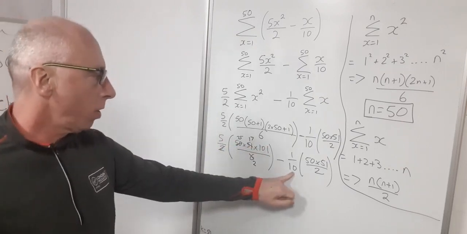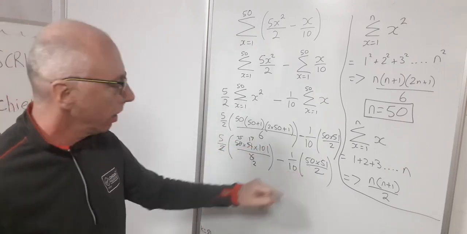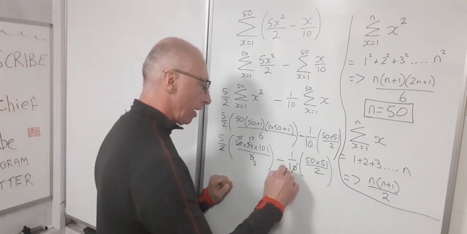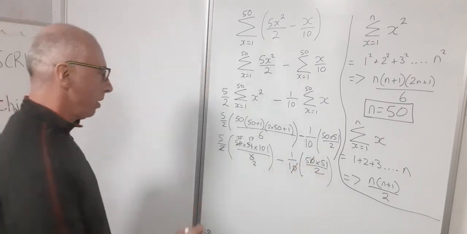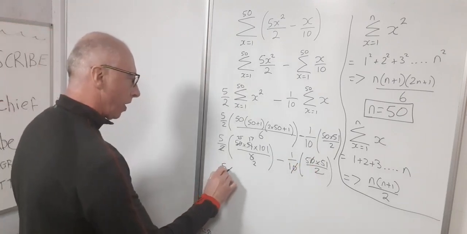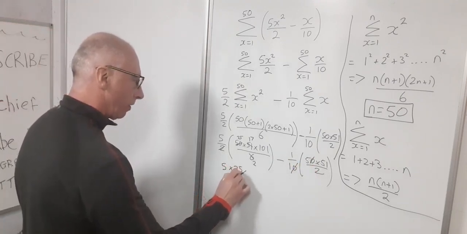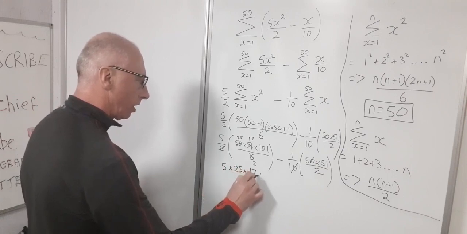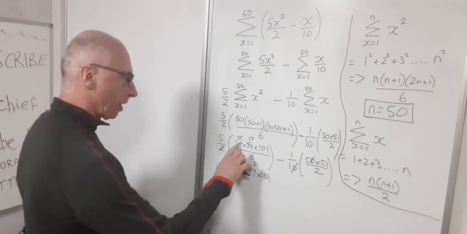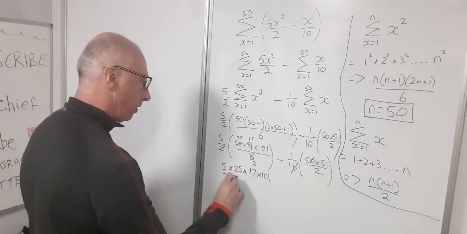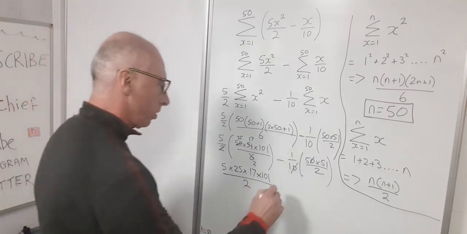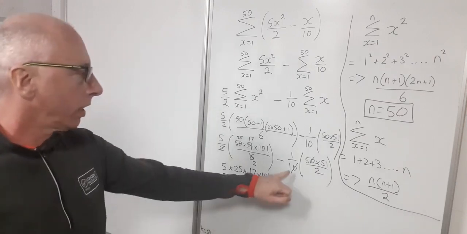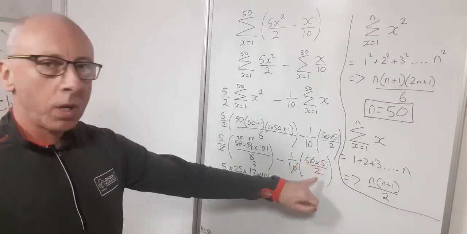And now here, 1 over 10 with a 50. So we can cancel that 10 out and just put the 5 there. So now we've got on this side 5 times 25 times 17 times 101, and then divide that by 2. So that's one sum. And then subtract 5 times 51 over 2.